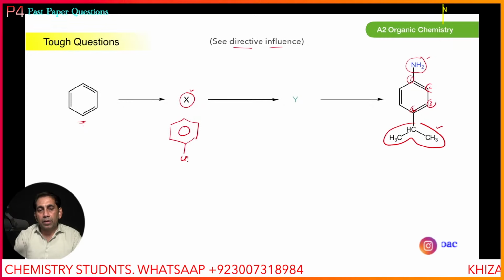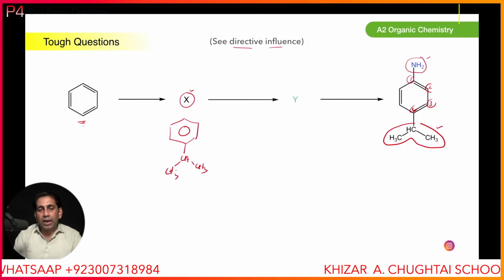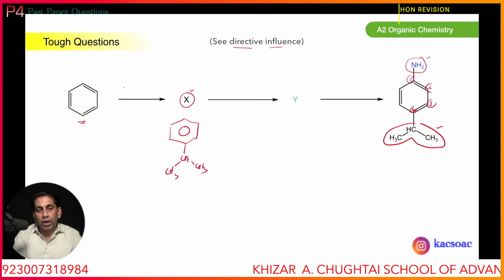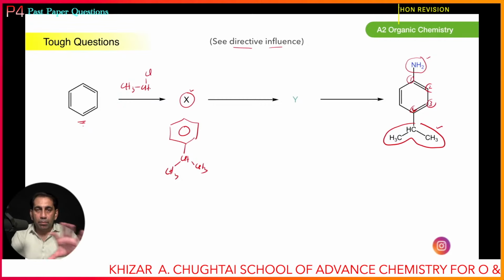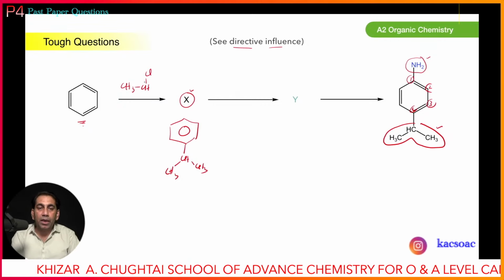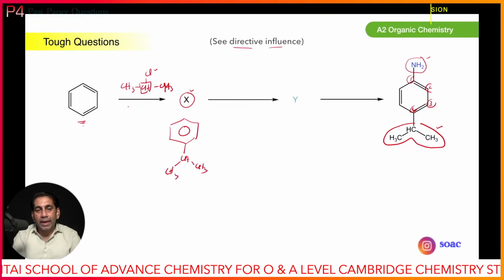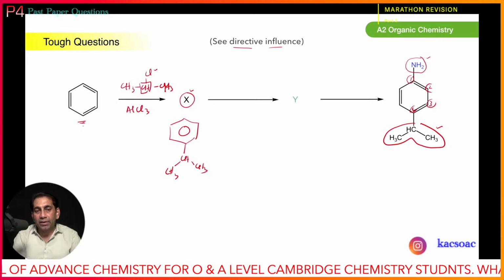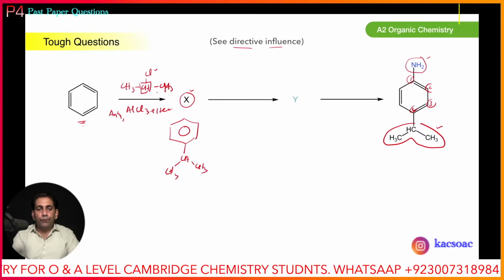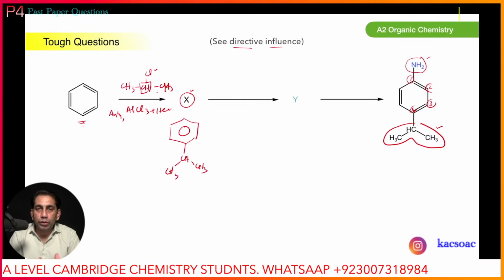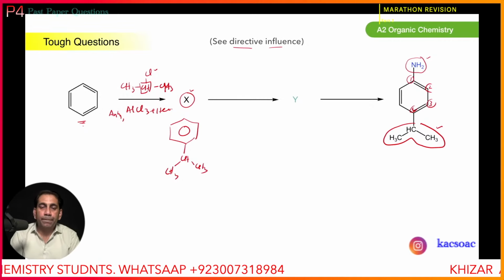So first of all, I'm going to change it into alkyl benzene, and here what are the reagents? CH3CHClCH3, in addition to AlCl3, anhydrous meaning without water, plus heat. So first of all, I have introduced this isopropyl or secondary propyl group basically.